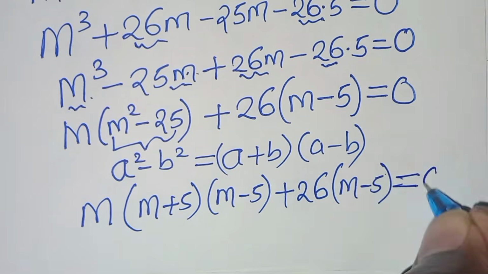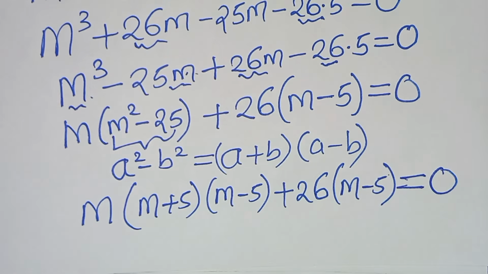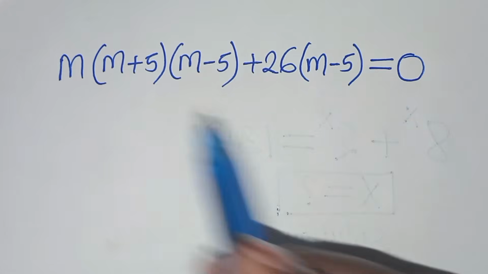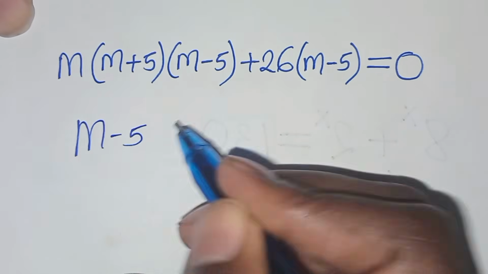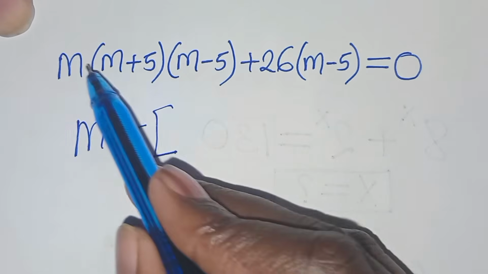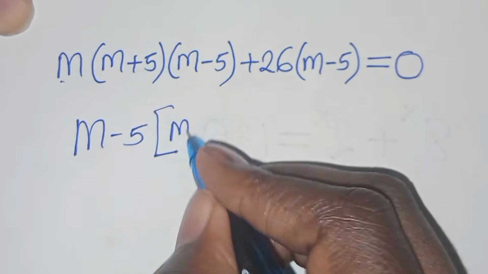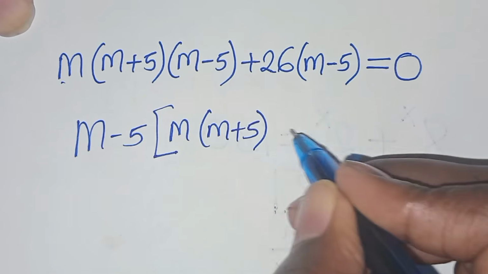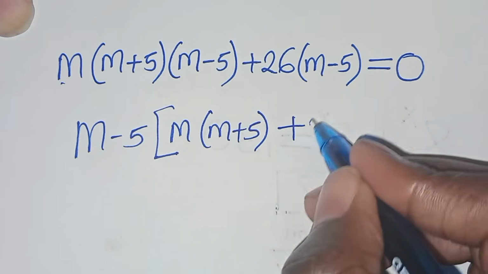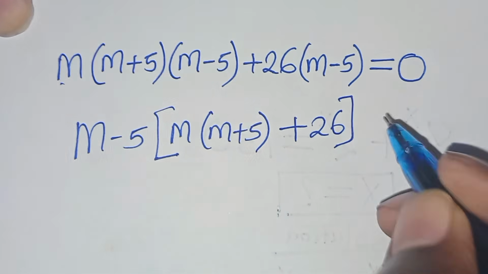This is equal to 0. So m minus 5 is common here. We can factor out m minus 5 so that into the parentheses we have m multiplied by m plus 5, then plus 26, close the bracket here. This is equal to 0.